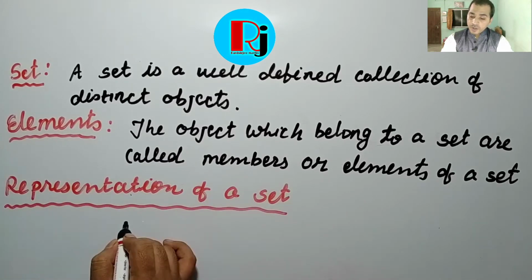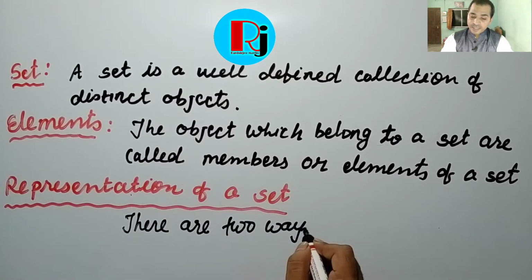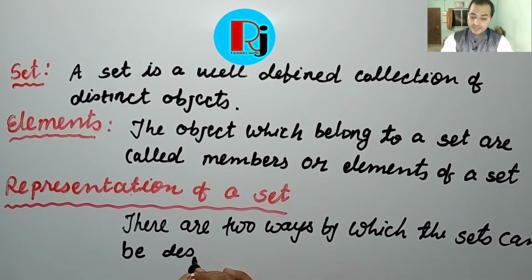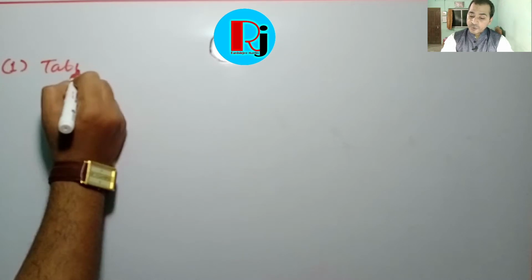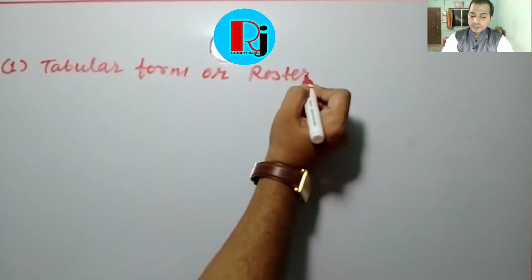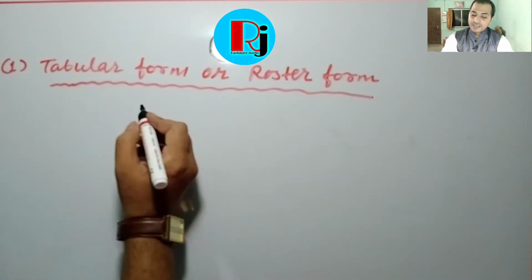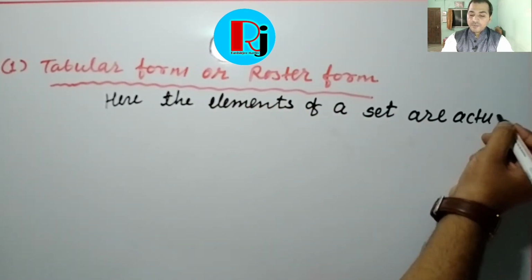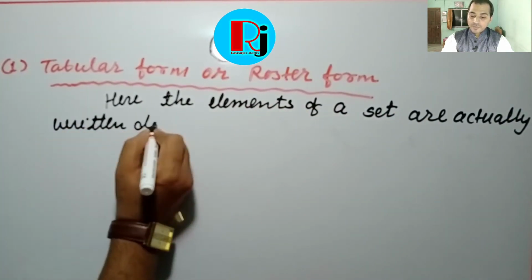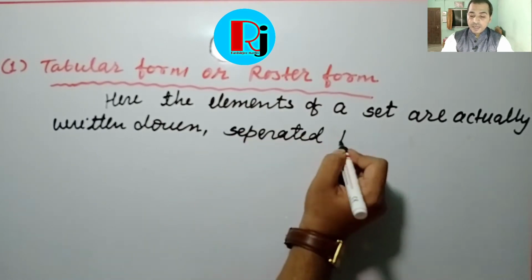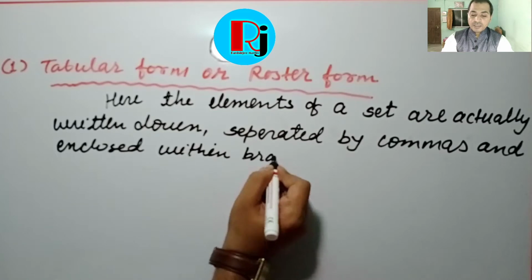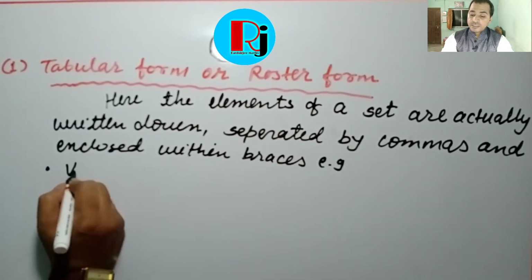Representation of a set. There are two ways by which a set can be described: tabular form or roster form. Here the elements of a set are actually written down, separated by commas and enclosed by curly brackets.